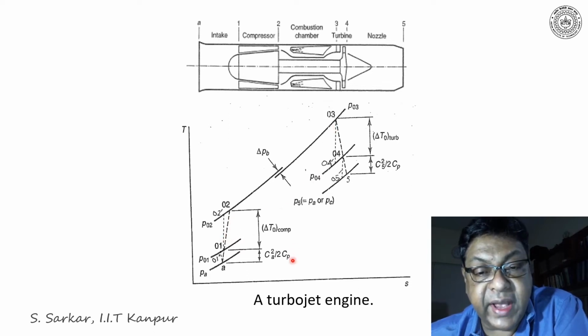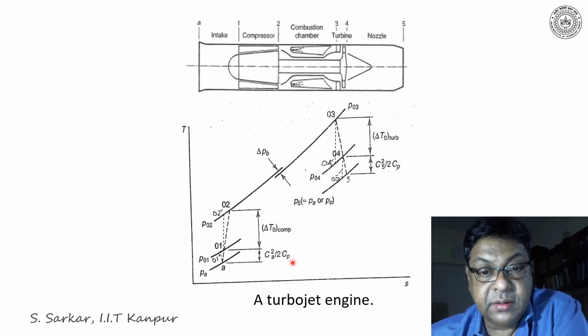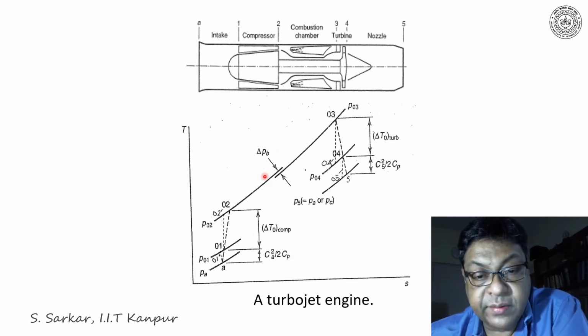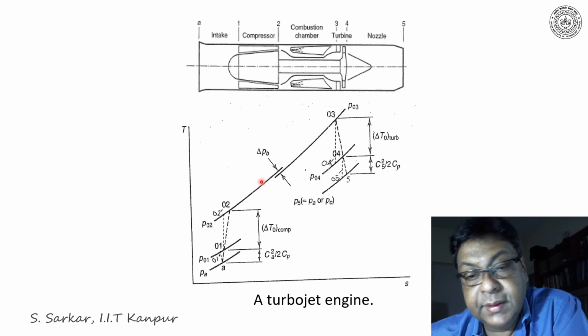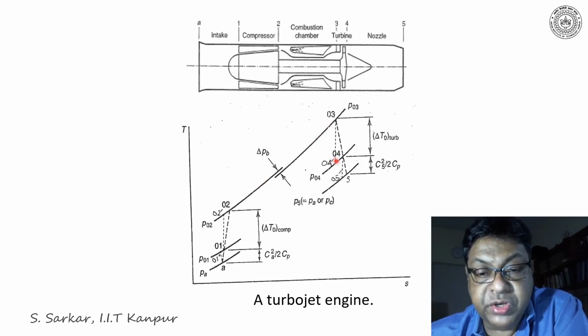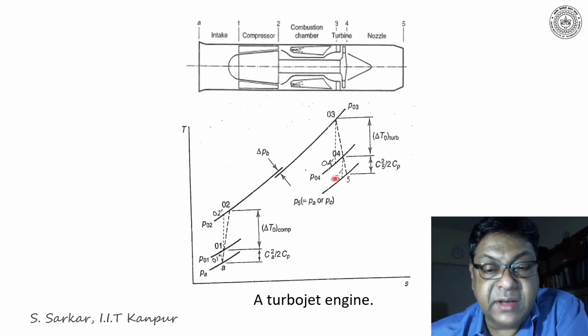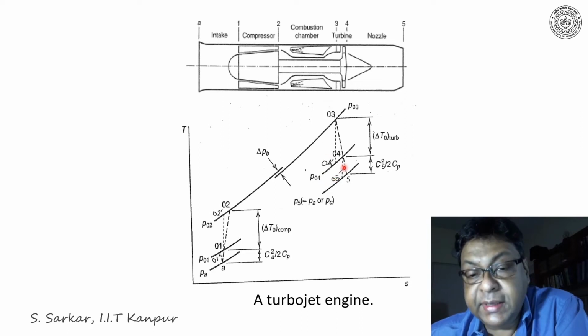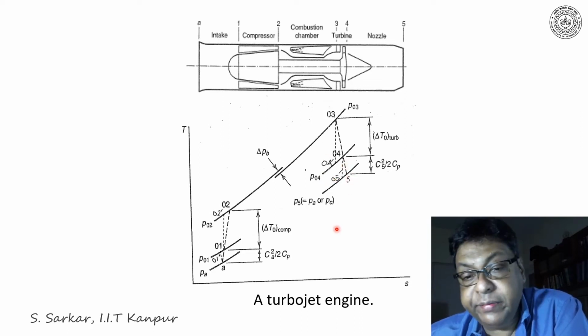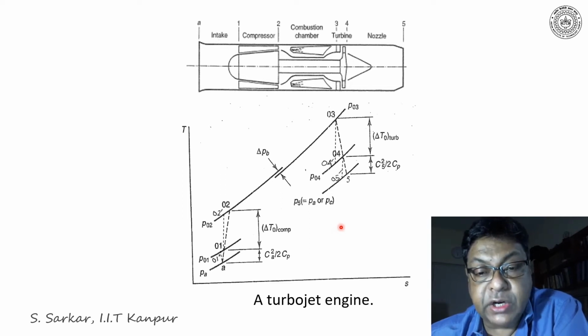02 to 03 is the heat addition in the combustion chamber with a pressure loss del PB. Similarly, 03 to 04 is the expansion of gas in the turbine, while 03 to 04 dash is the corresponding isentropic expansion, and 04 to 5 indicates the expansion of the gas in the nozzle, producing the high velocity jet and thereby the thrust.